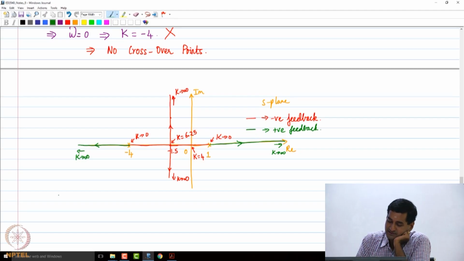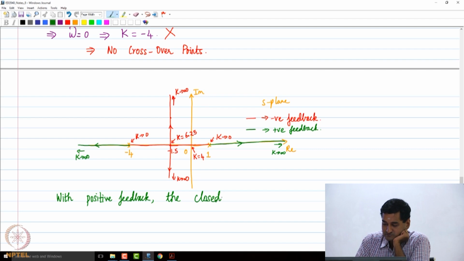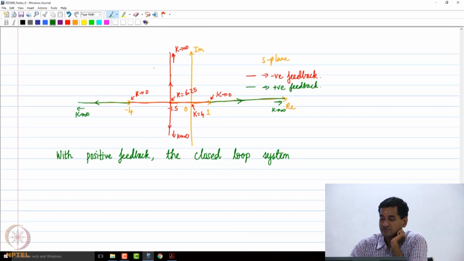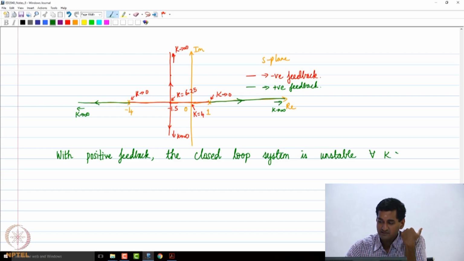With positive feedback, is the closed loop system stable or unstable for all k greater than 0? It is unstable, for all k greater than 0.